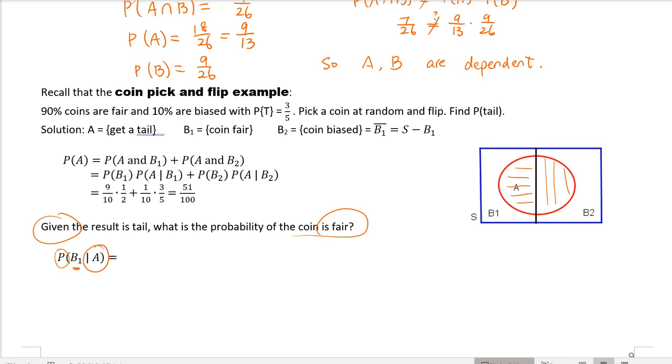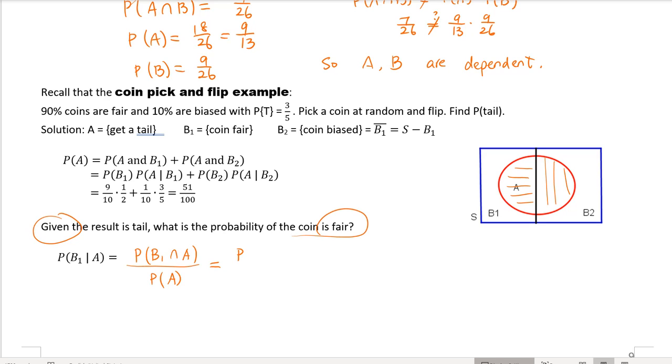So this is the conditional probability P of B1 given A. And how do you do this? Well, you can use the definition of conditional probability, that is P of the intersection over what is given, so P of A. B1 and A.